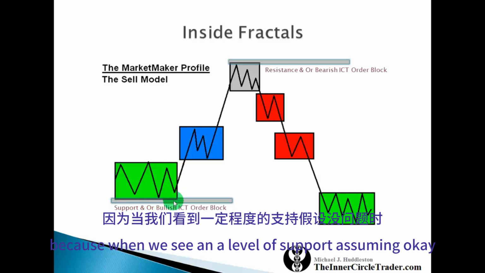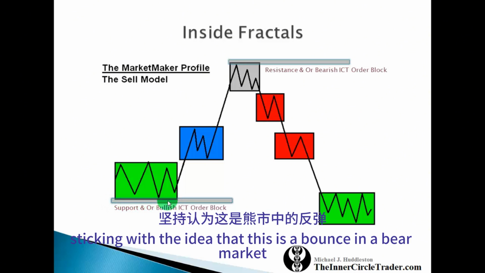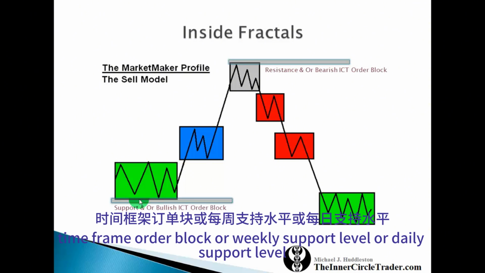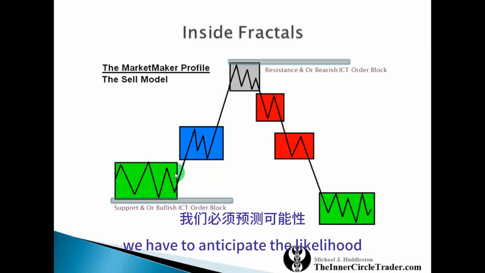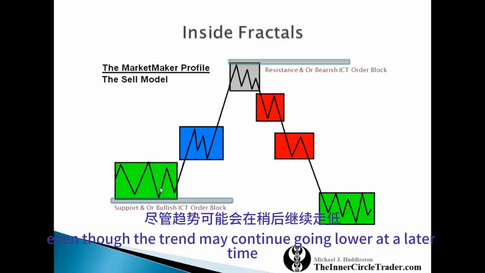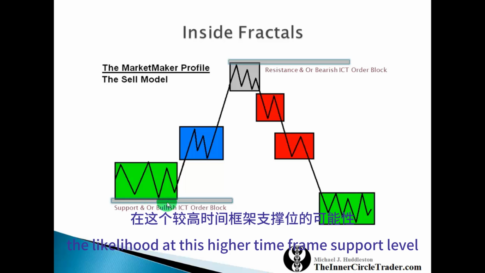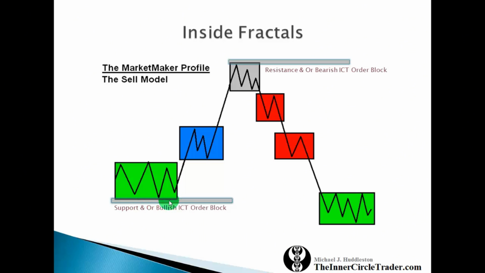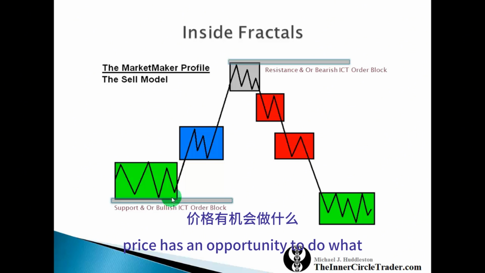Because when we see a level of support, assuming for a moment, sticking with the idea that this is a bounce in a bear market, if we come down to a higher level time frame order block or weekly support level or daily support level, we have to anticipate the likelihood, even though the trend may continue going lower at a later time, at this higher time frame support level, especially if it's a solid order block, price has an opportunity to do what?